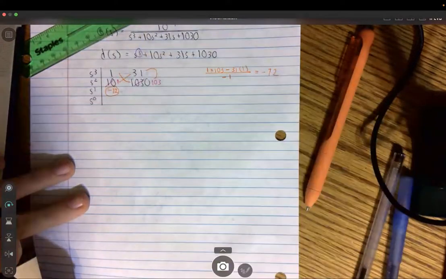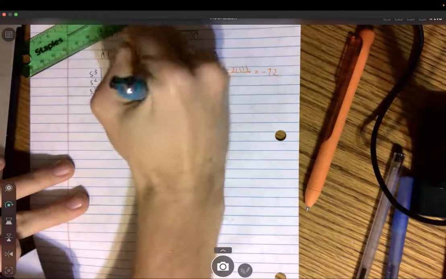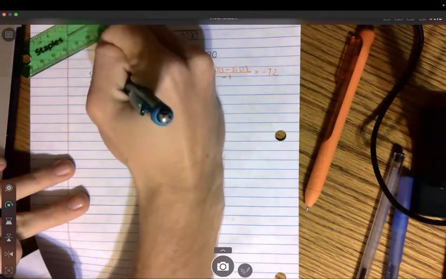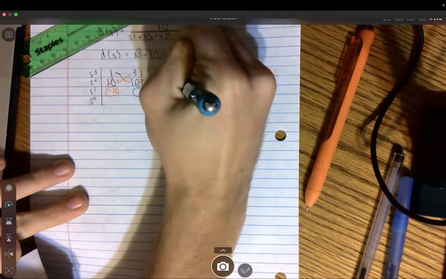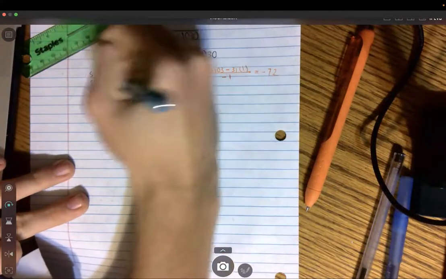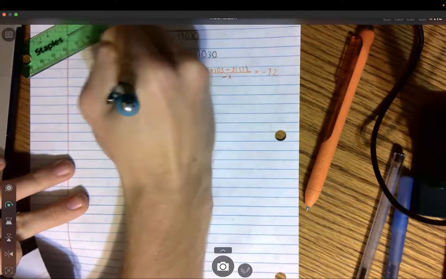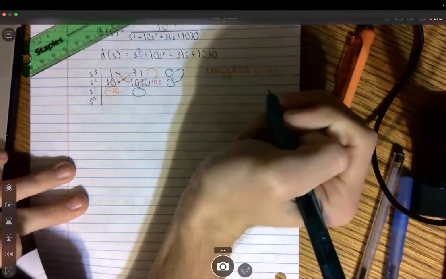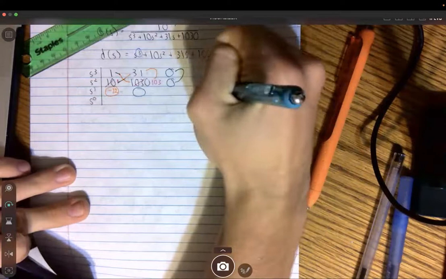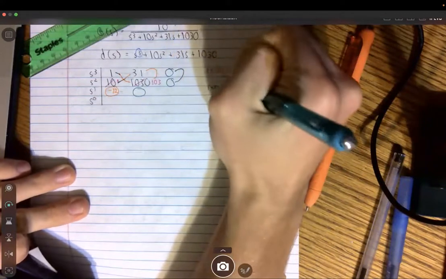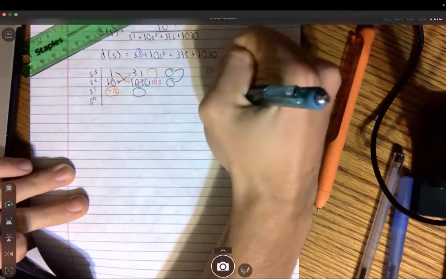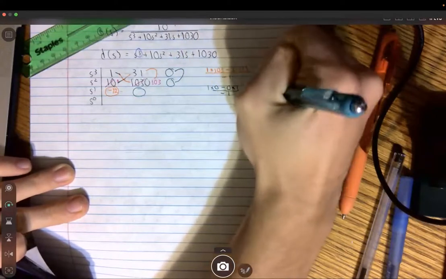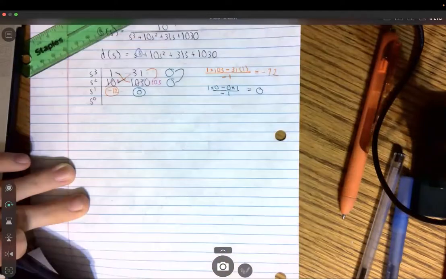And then for the next one, for this position right here, you take what's in this position, multiply it, and then you go backwards and multiply the other one. You're going to get 1 times 0 minus 0 times 1, all over -1, which is going to be 0. So that's why there's a 0 here.